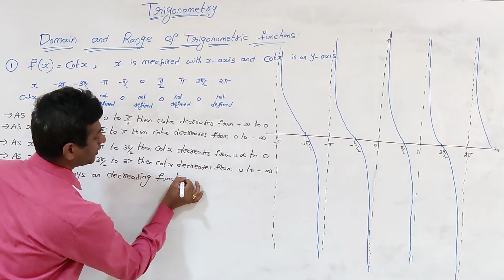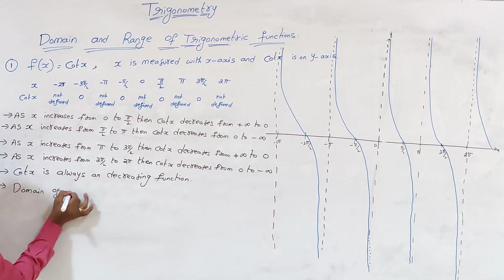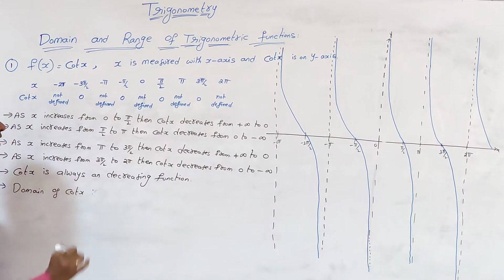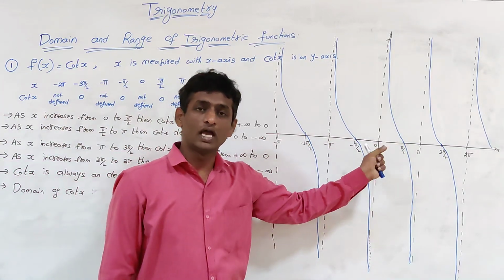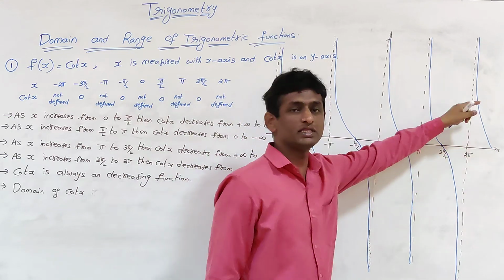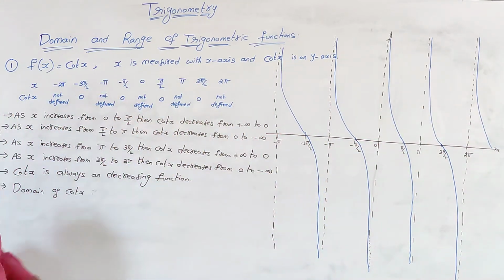And what is the domain and range of cot x? Domain of cot x is defined for all values of x except multiples of pi. So 0, pi, 2 pi, 3 pi, 4 pi, minus pi, minus 2 pi, minus 3 pi, and so on.